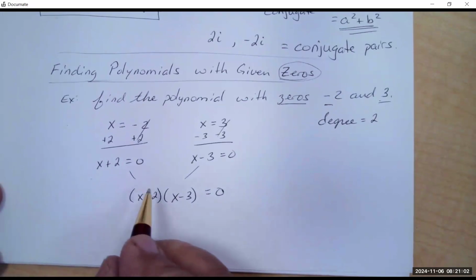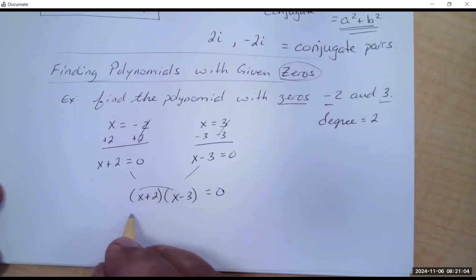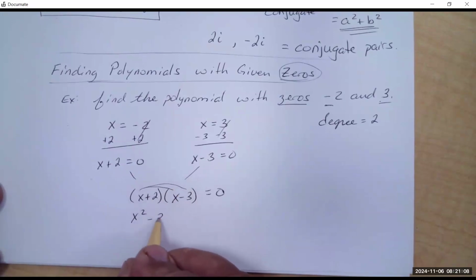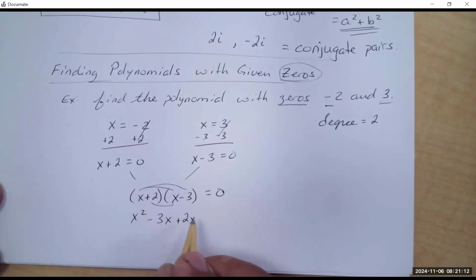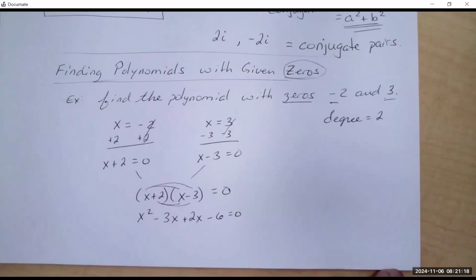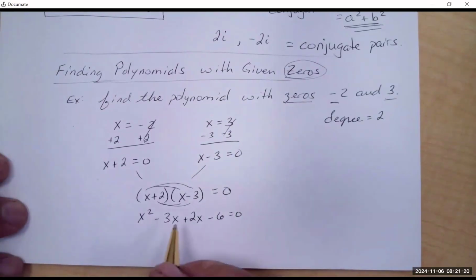Now we multiply these together. X times x is x squared, minus 3x, plus 2x, minus 6, equals 0. Combine like terms.